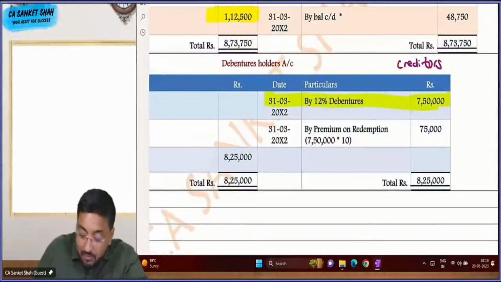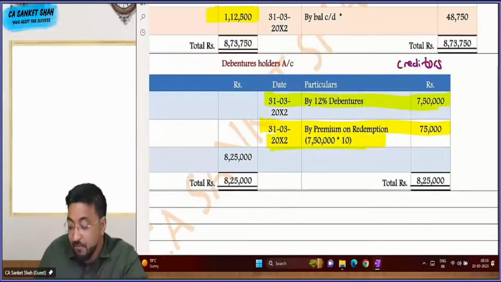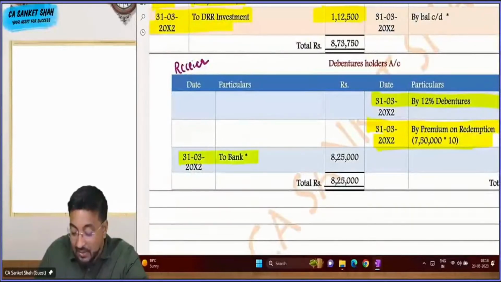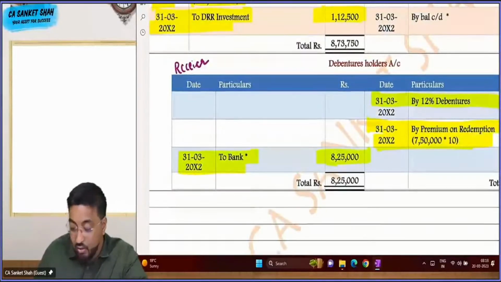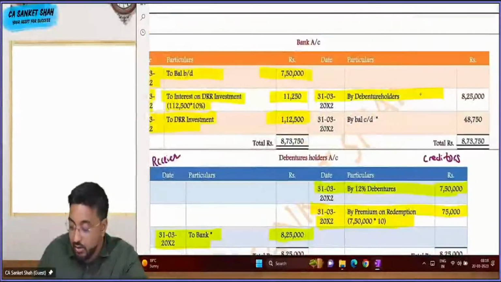And by premium on redemption, we are paying 75,000 extra. And then the last entry is to bank. Debenture holders account to bank.